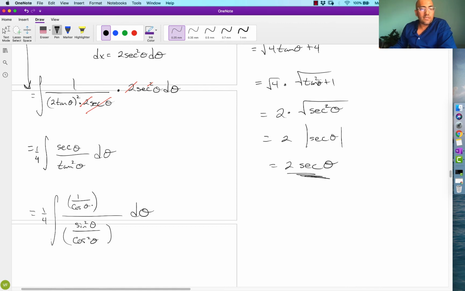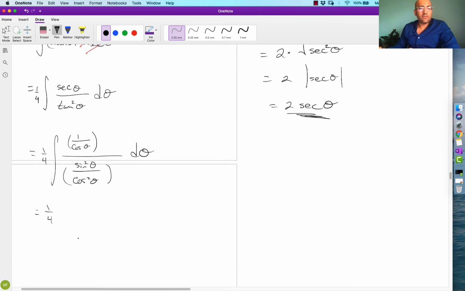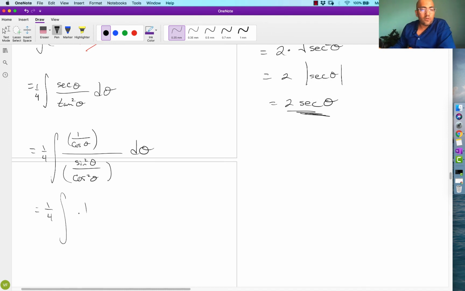Here's secant theta, here's tangent theta. So the numerator times the reciprocal of the denominator means this will simplify into the integral of 1 over cosine theta times cosine squared theta over sine squared theta.